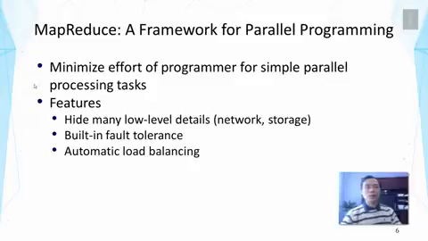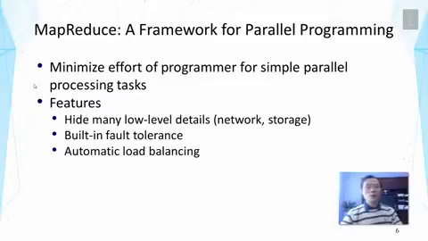As a result, the programmer can make a minimum effort to create an application that can be run on a large cluster in parallel. So some of the low-level details are hidden in the framework, including the specific network communications or load balancing, or where the tasks are executed.